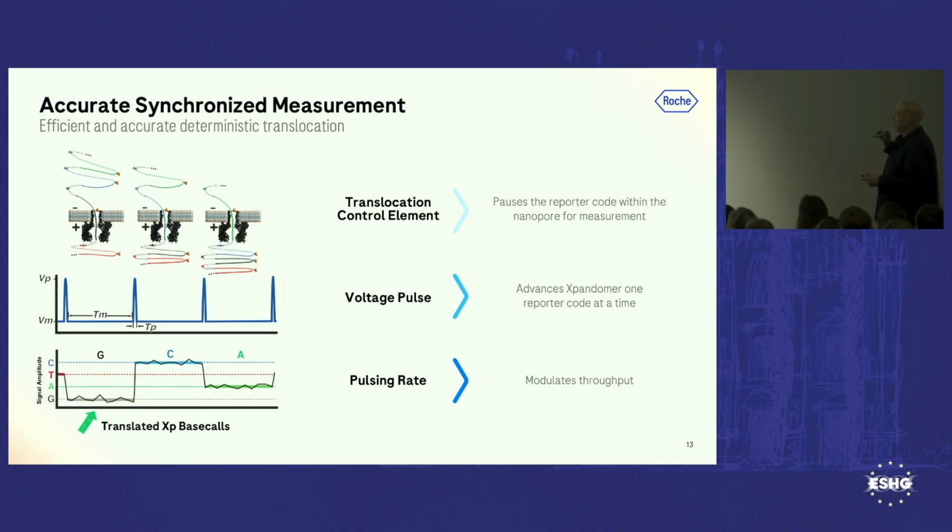And then with a very quick microsecond level pulse, you can advance the expander to the next level, and that shows now a C code coming in, and so on and so forth. And with this approach, we can modulate the throughput in a very controlled, deterministic way, and that adds efficiency but adds quality to the measurement. This is all about efficiency of measurement at the end of the day, and so this is a big deal.